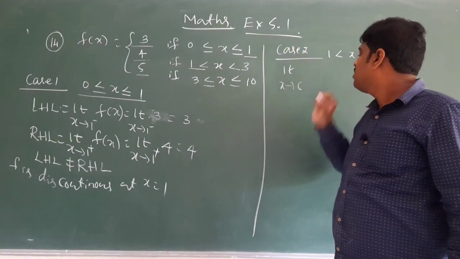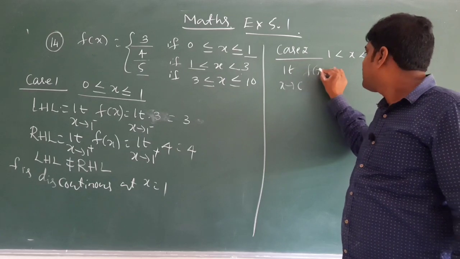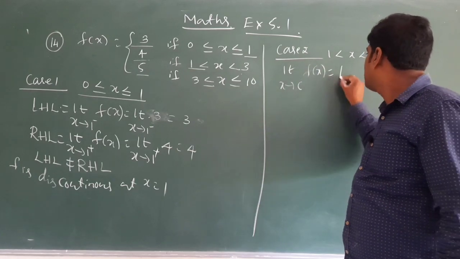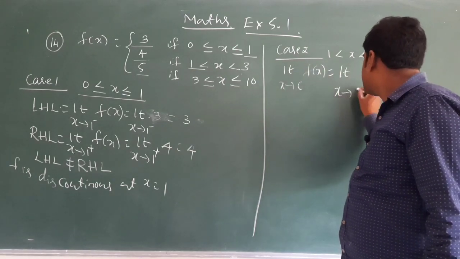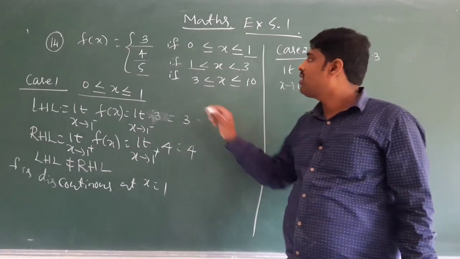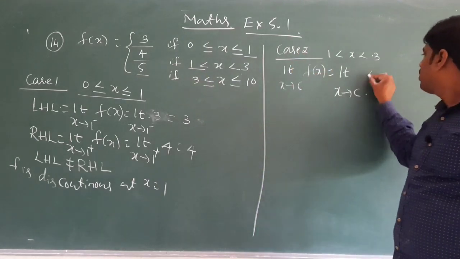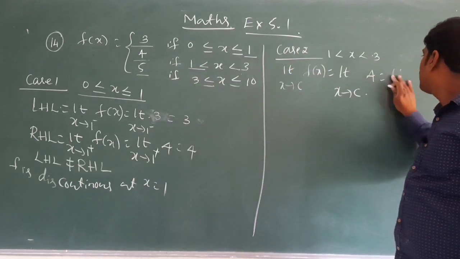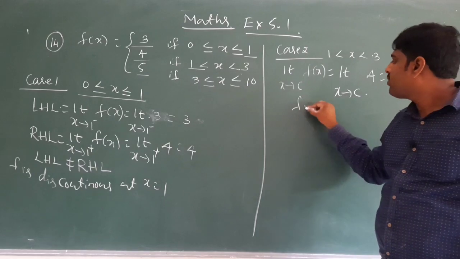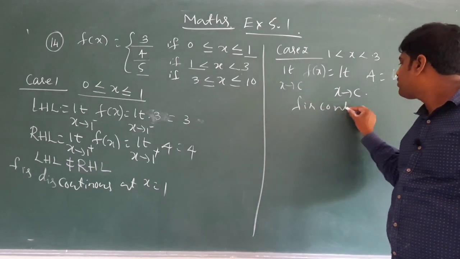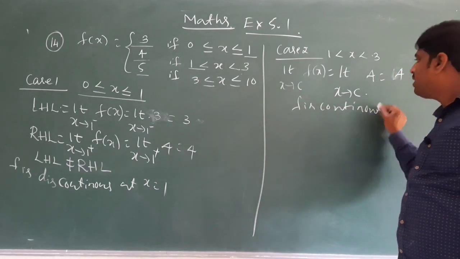Therefore, limit x tends to c of f of x is equal to limit x tends to c. For 1 less than x less than 3, what is the function? It is 4, so the limit is 4 only. Therefore f is continuous.